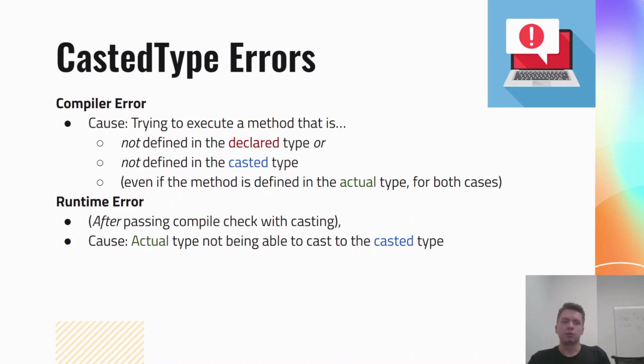For casting, we will throw a runtime exception, because casting does not occur until after program compilation. So Java, or whatever program you're trying to run, won't know that you incorrectly casted until it reaches that line of code. So that's why it's a runtime exception as opposed to a compiler error.